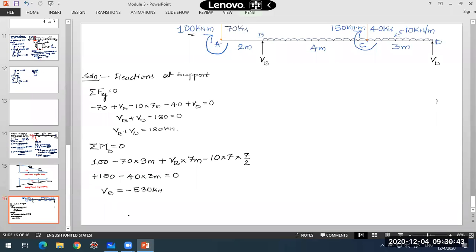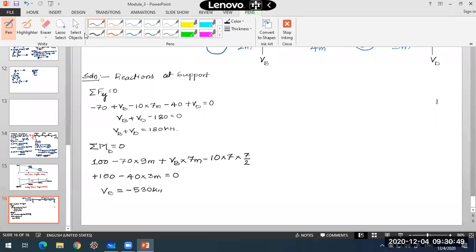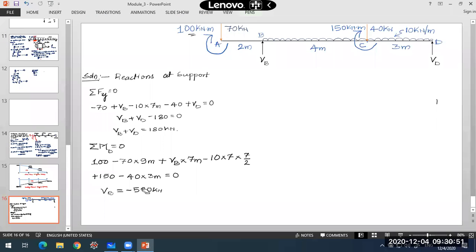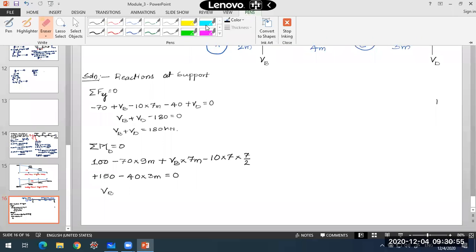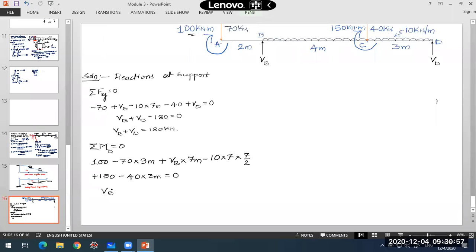You are telling me only the value of these numbers that are added. Yes, 100 minus, okay, 70 into 9, those numbers only. Okay, wait, minus 530. So what I should be writing here is VB into 7 minus 530 is equal to 0, right? So what will VB be equal to in that case? 530 by 7.